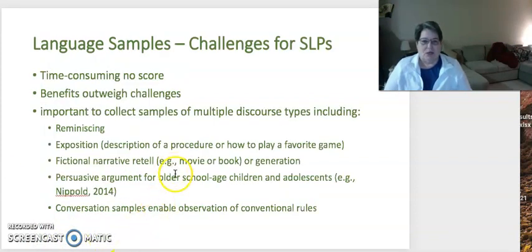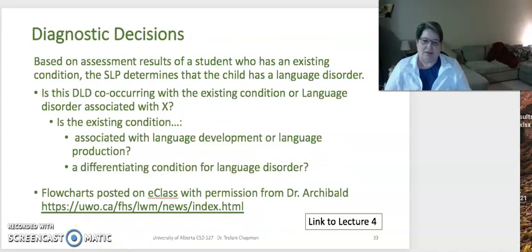All right, so looking at these challenges for SLPs, as I said, there are a number of forms that could be used, and it requires that the SLP feel confident in doing language sample analysis because it provides a rich source of information.